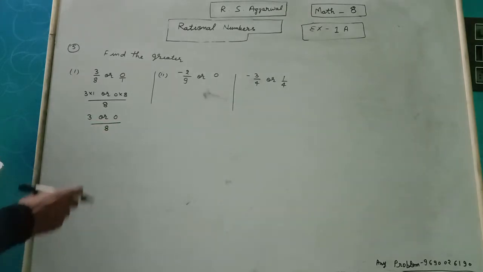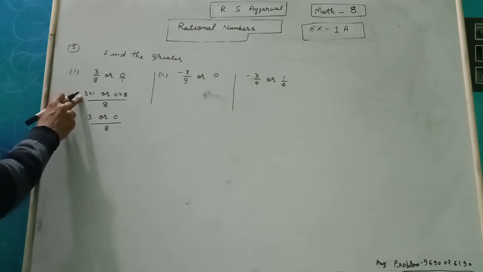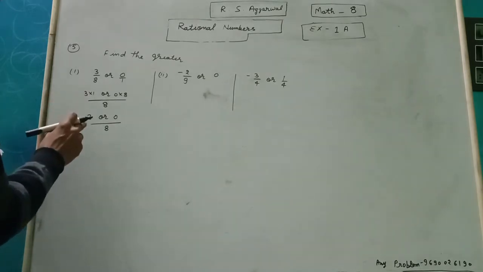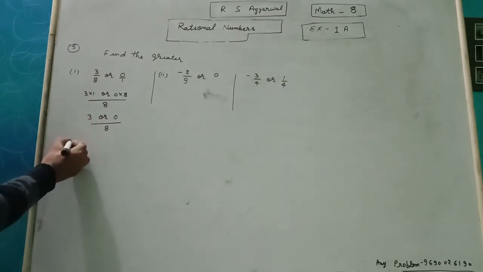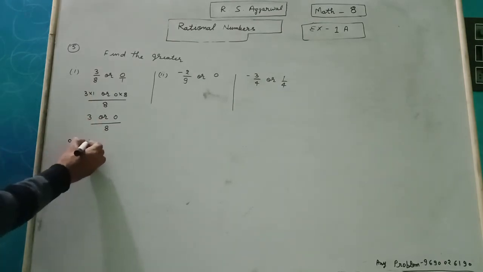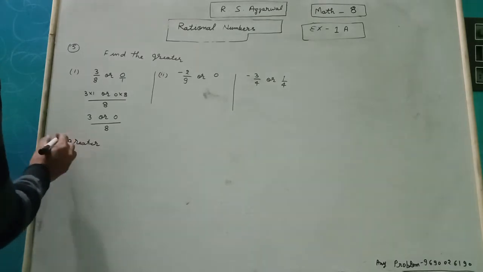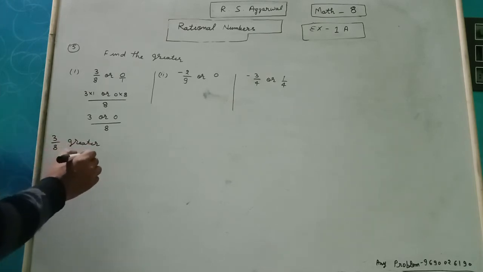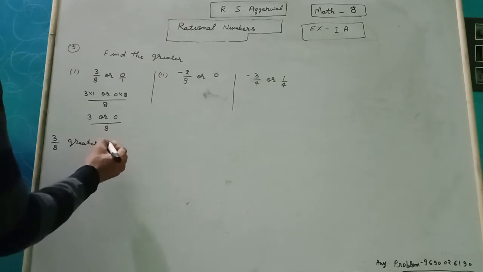Who is greater? 3 is greater. So 3 upon 8 is greater.